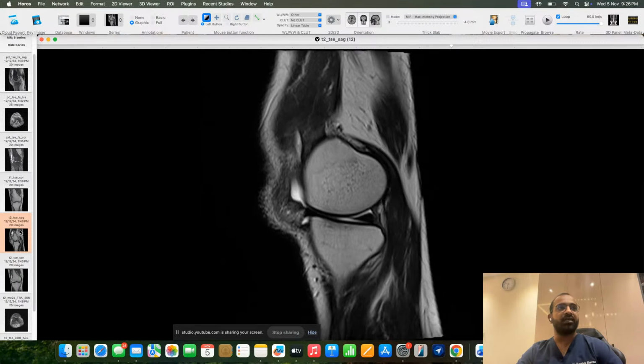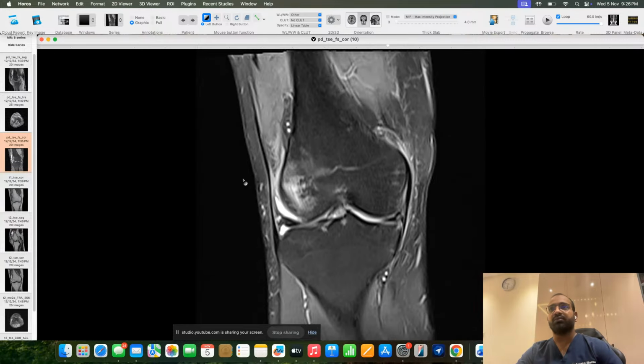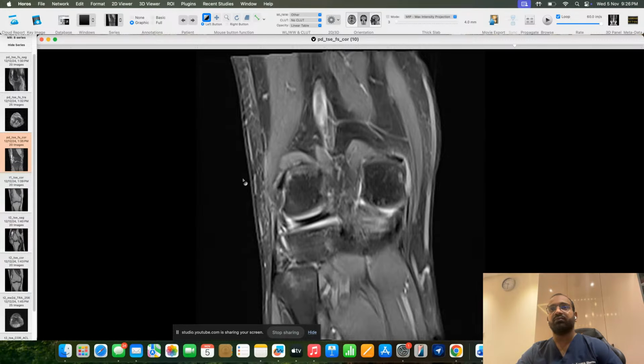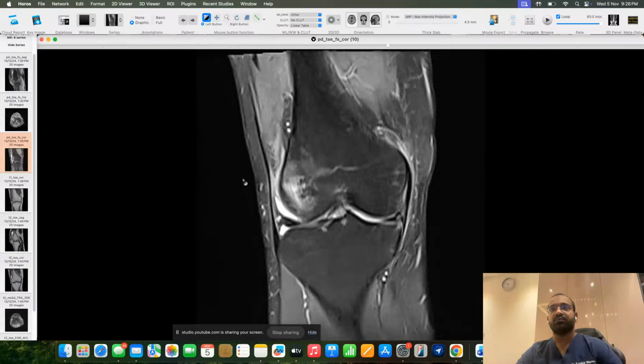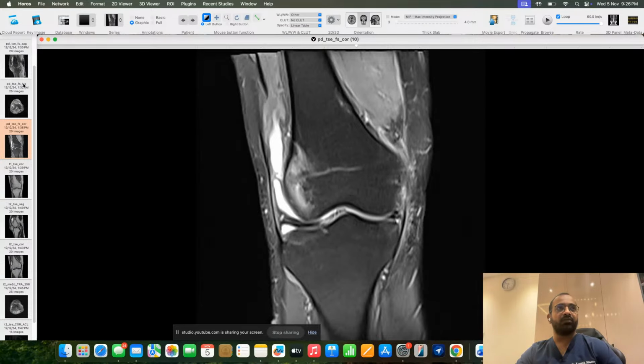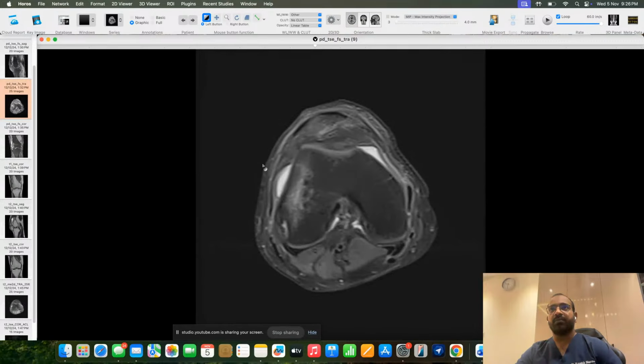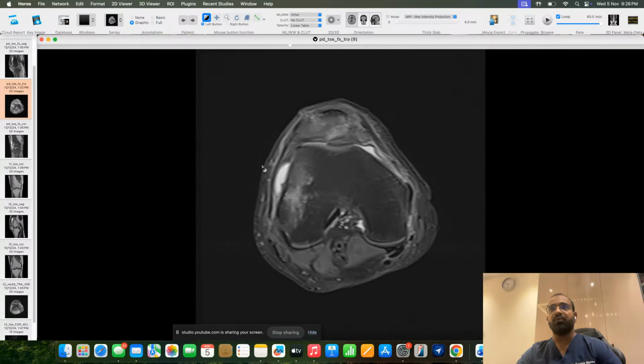These are the two T2 weighted images. This is a coronal PDFS image. There will be associated injuries also, but we want to know what exactly is the diagnosis here. What is happening?